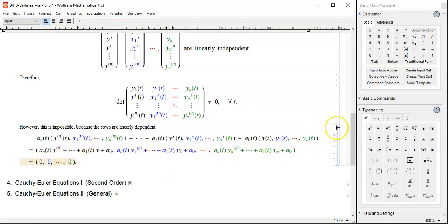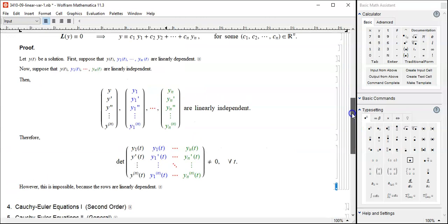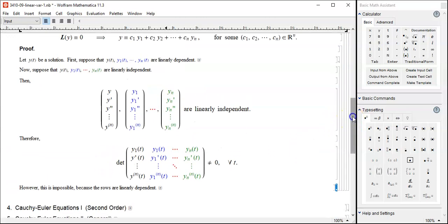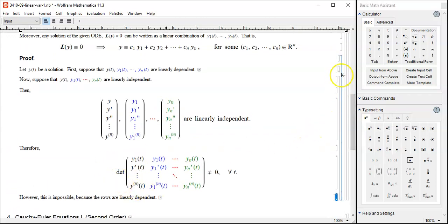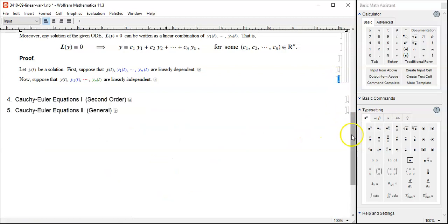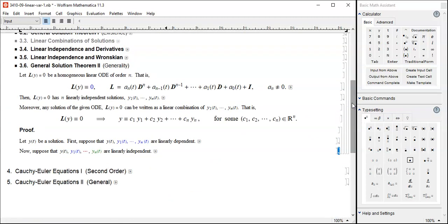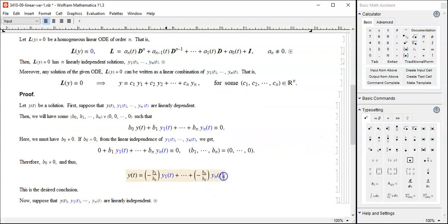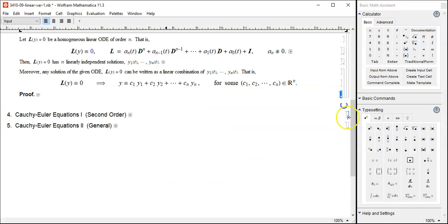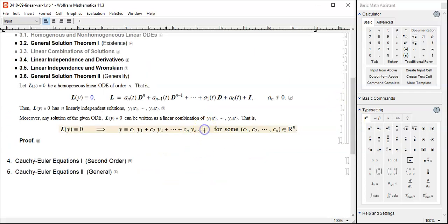This linear combination is a 0 vector constantly for all t. So the rows are linearly dependent, therefore the determinant should be 0. So there goes the contradiction. They're not linearly independent, that's impossible. They're always linearly dependent, in which case you can solve for y and you're going to get the linear combination expression. And that's precisely what we wanted to prove, and we got it done.